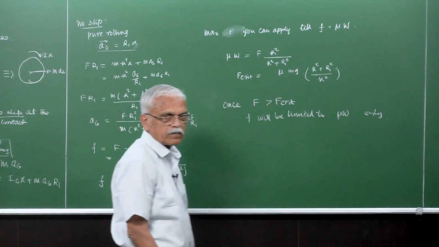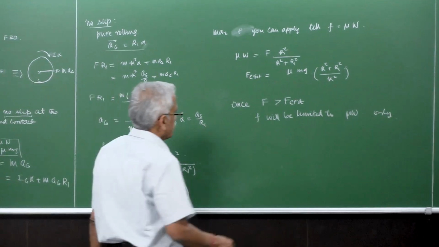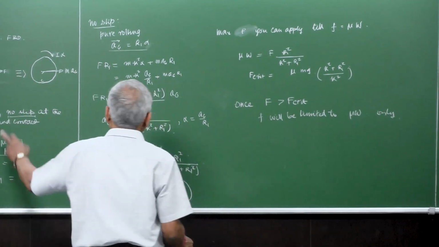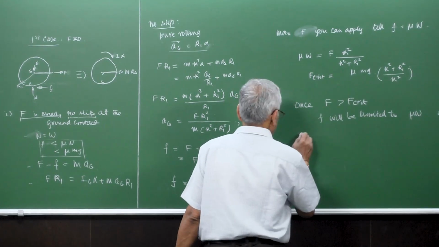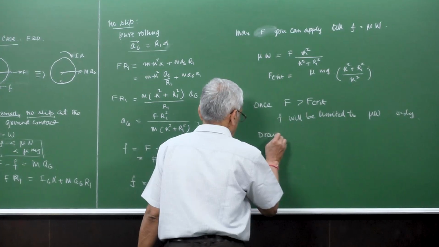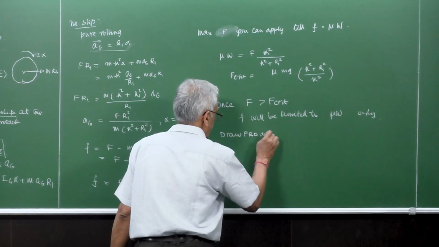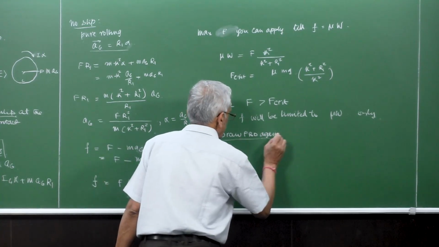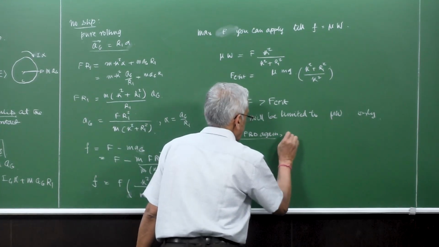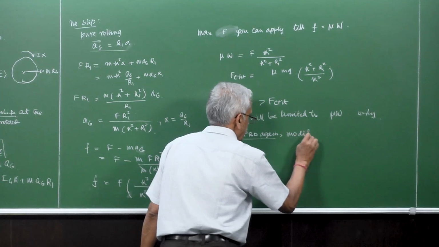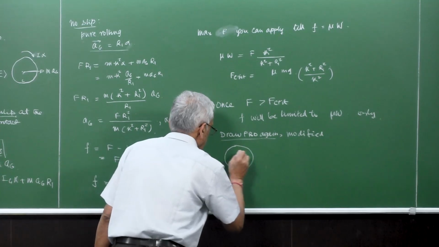So you cannot go beyond this value, and f will be limited to mu W. So that means that now if you draw the free body diagram, again modified, this is a modified diagram, and what we have here is this.